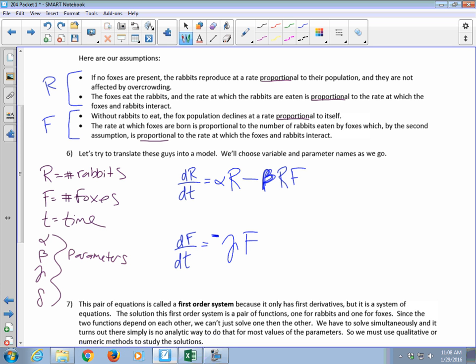All right. And then the last assumption says that the rate at which foxes are born, so this is the rate at which the fox population grows. So we're going to add here another term that increases the rate of growth of the fox population in a way that's proportional to the rate at which foxes and rabbits interact. Delta RF.